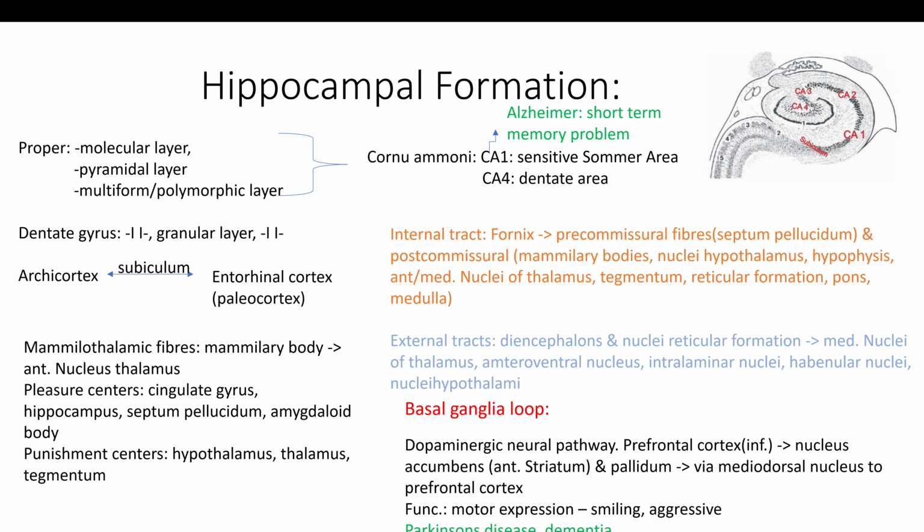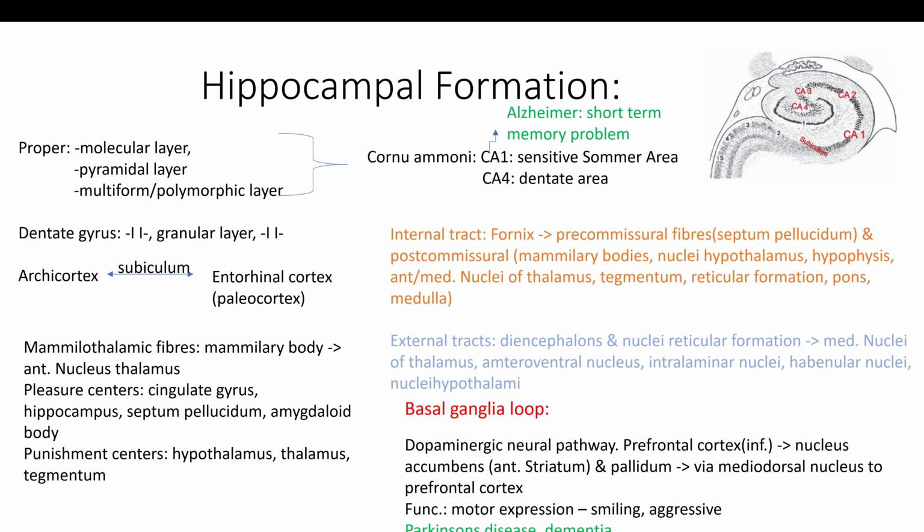The internal tracts fibers extend from hippocampus, form the fornix, and cross the commissure and the body. They divide into precommissural fibers, passing the septum pellucidum, and postcommissural fibers, passing the mammillary body, nuclei of hypothalamus, hypophysis, anterior and medial nuclei of thalamus, tegmentum, and reticular formation of pons and medulla oblongata.